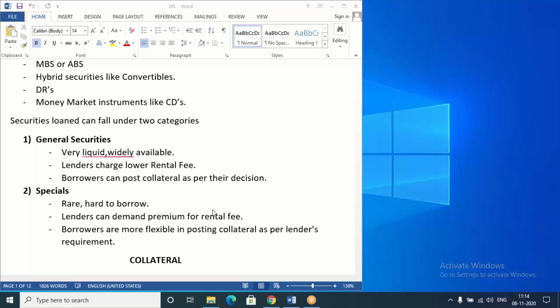Exactly. And they are widely available in the market, meaning there are a lot of shares or bonds of that particular type available to loan out. So if it's general securities, usually the lenders would charge a lower rental fee, and borrowers have the flexibility to post what type of collateral they want to give to the lender.